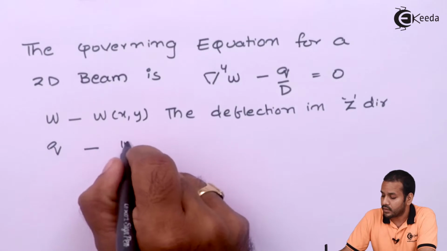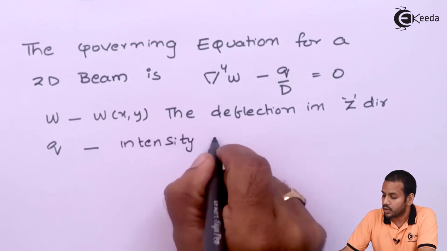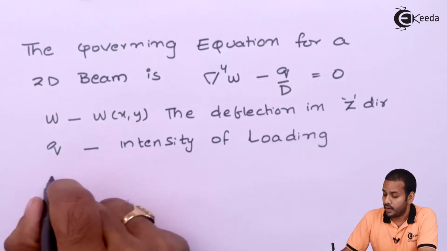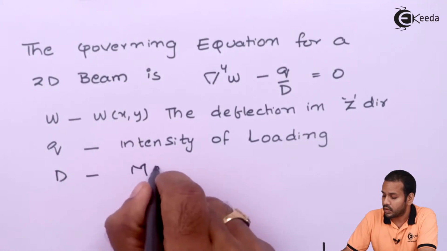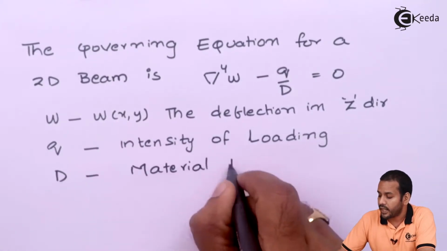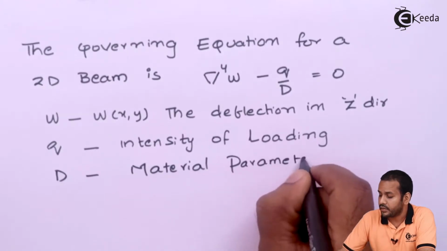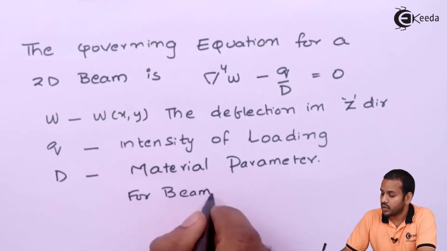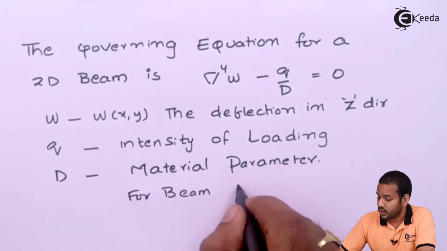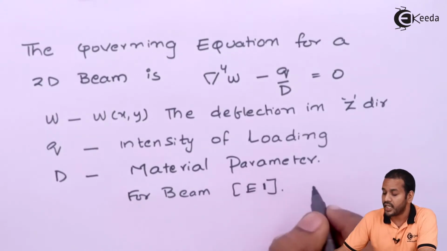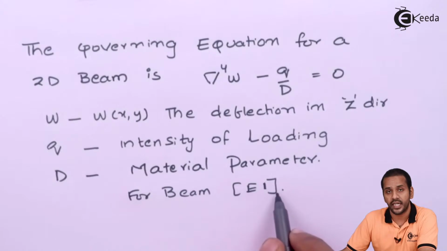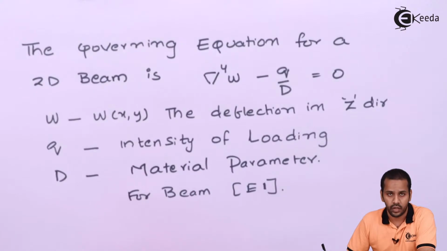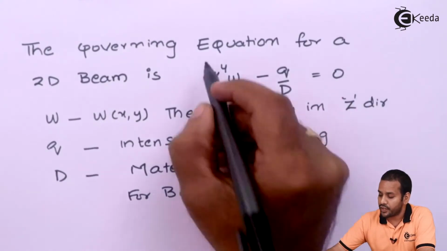Similarly, q indicates intensity of loading and D indicates material parameter, especially for beam. D represents flexural rigidity, that is D is nothing but EI. The product of Young's modulus and the moment of inertia is called flexural rigidity, and this D is nothing but EI in the case of beam. Okay, so now we are having our governing equation.